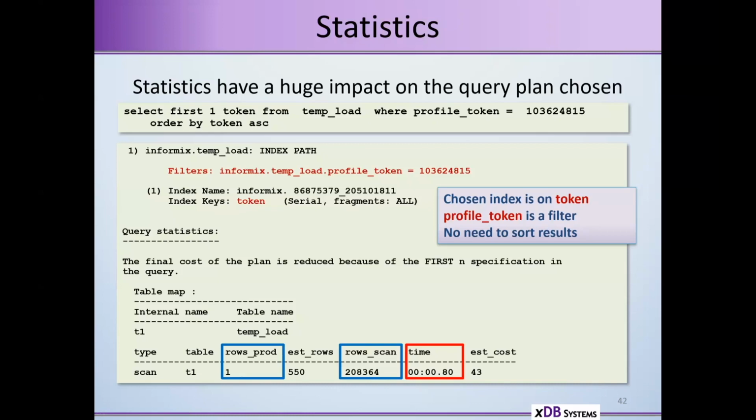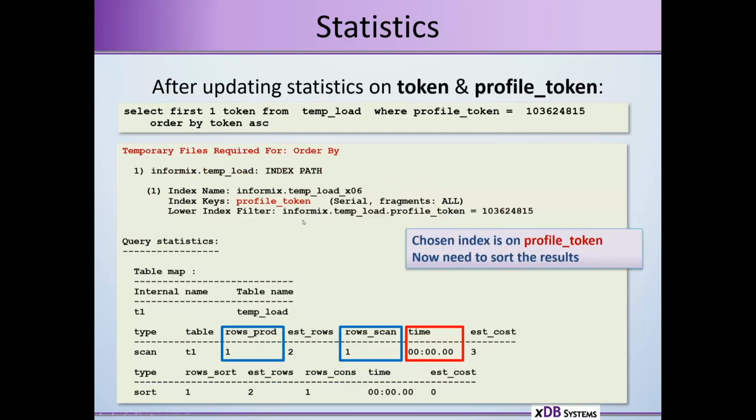But this is another one of those cases where this part of the query is executed hundreds of thousands of times by the application. Those 0.8 seconds add up. By updating statistics on both of these columns, profile token and token, and rerunning the query, we now see a query that runs instantly.